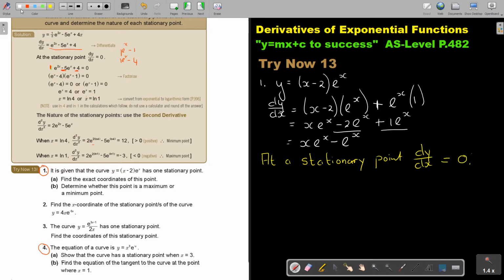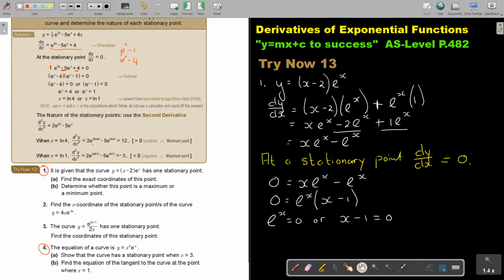So therefore, I'm just going to put a 0, and I'm going to say e^x times (x minus 1), and this is the reason why we take out a common factor. Because if we take out e to the power x, we're going to get x minus 1. And then we can say e to the power x is equal to 0, or x minus 1 is equal to 0.